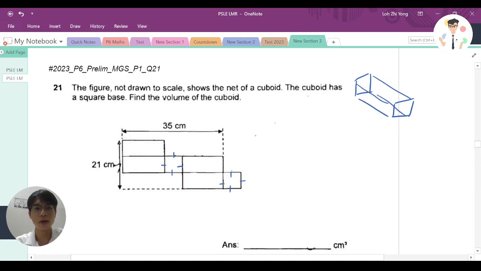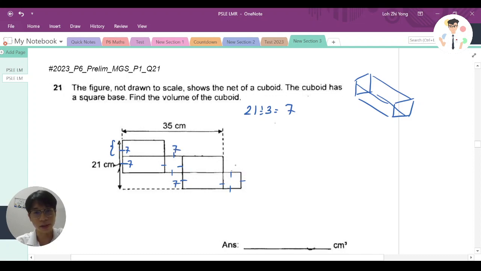Here and here, I know all of it are the same. So this side will be 21 divided by 3, because I have 3, 1, 2, 3. So it's 7. I know here's 7, here's 7, here's 7, here's 7, and here's 7.